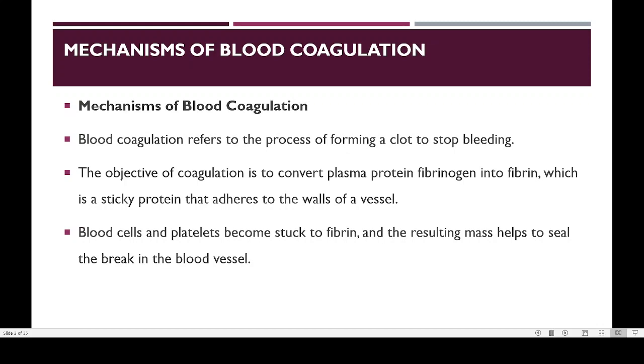Now, after this conversion, different types of blood cells and platelets will get stuck in these fibrin threads, forming the blood clot.